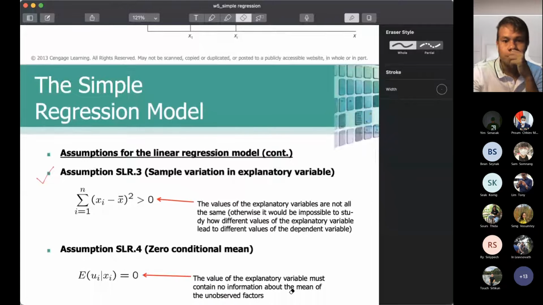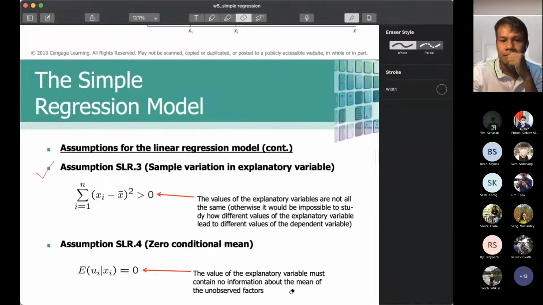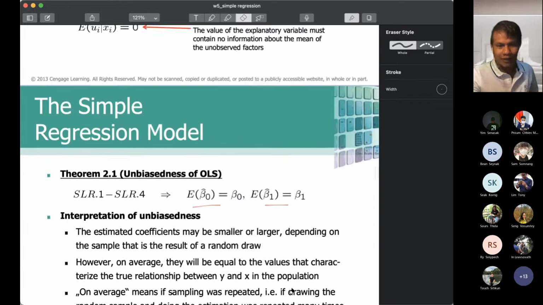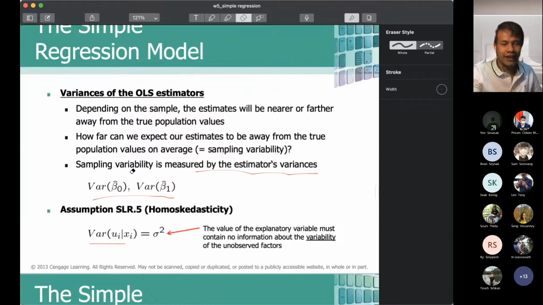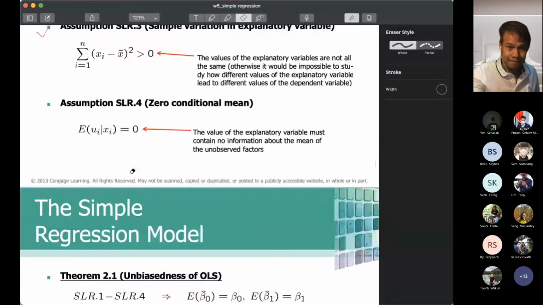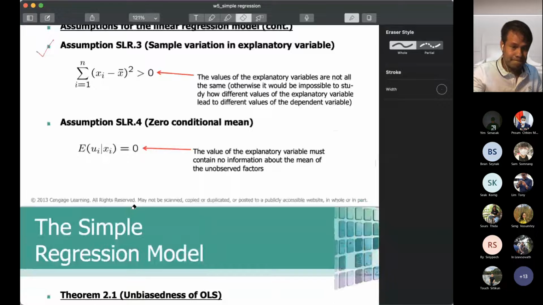So it means that variance is not correlated with x, right? Right. The variance that is produced from the OLS must not correlate with x. In simple terms, that's correct. Thank you, sir. All right, it must be constant. Any other questions?